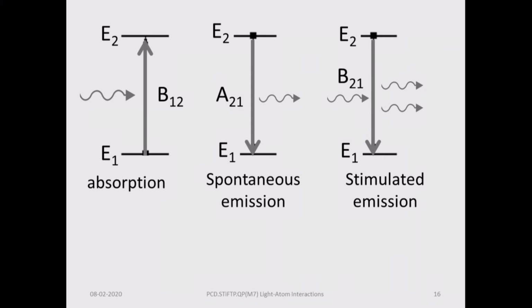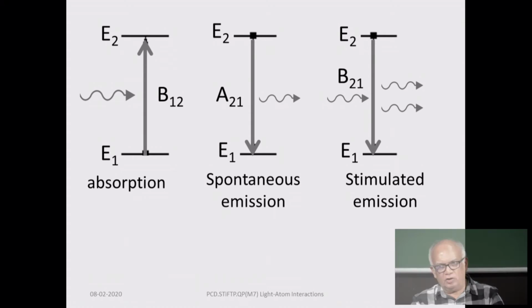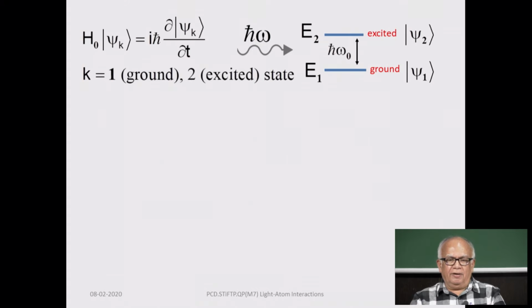So, this is the general picture that we are looking at. You have got absorption at the rate B1, you have got spontaneous emission, which is the rate A21, and then you have got the stimulated emission, in which you have got 1 photon in and 2 photons out. And let us consider a system.